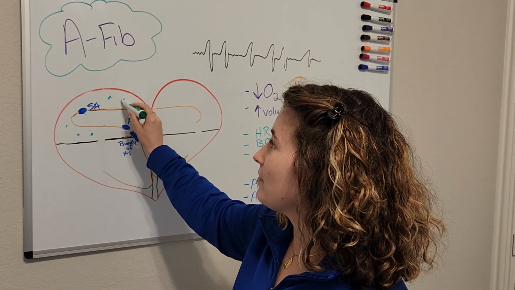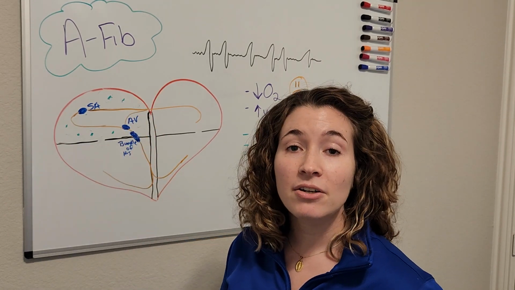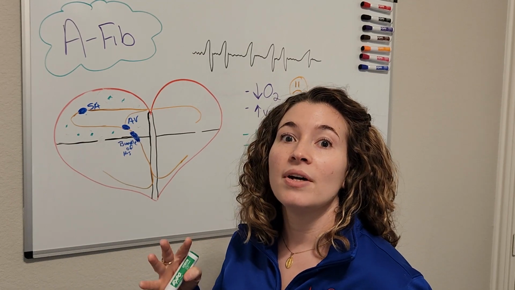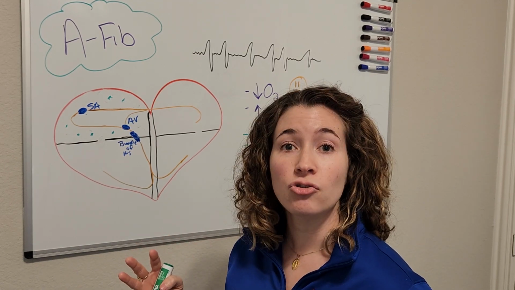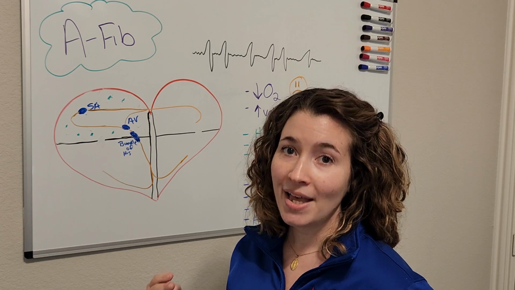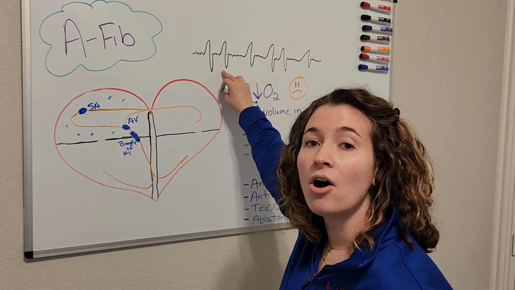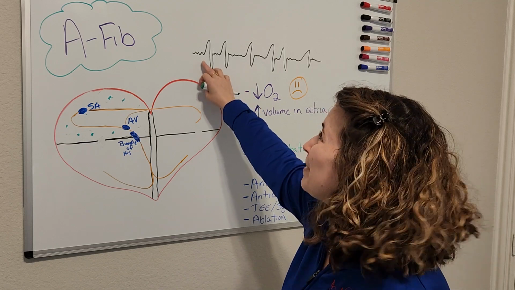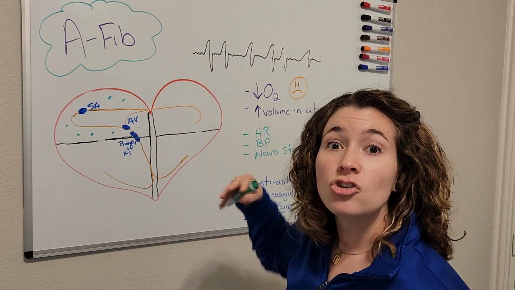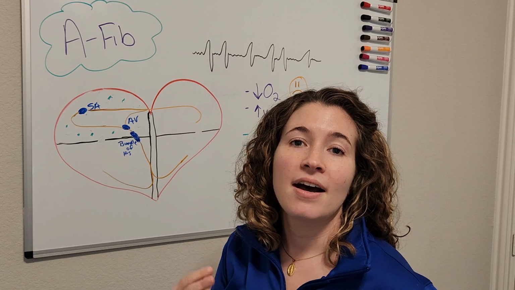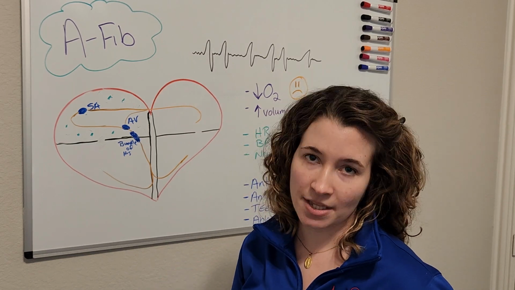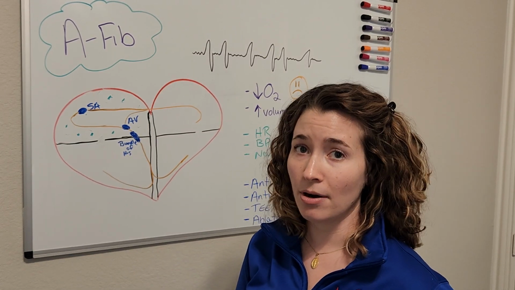But when some of these rogue cells become irritated, they are going to try and take over control from the SA node. And that's what causes these fibrillatory waves to show up on the ECG, because there's multiple points vying to take over control as the primary pacemaker in the heart.